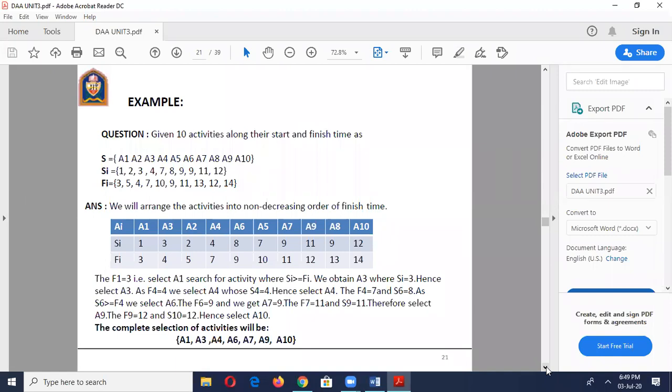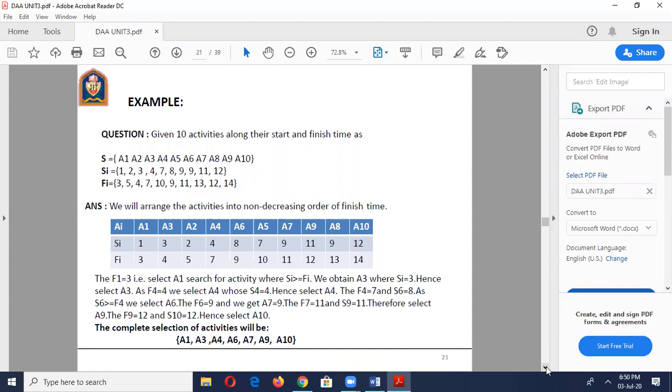Here they have given an example problem for the activity selection problem. We are taking 10 activities with their starting times and finishing times: A1, A2, A3, and so on up to A10.